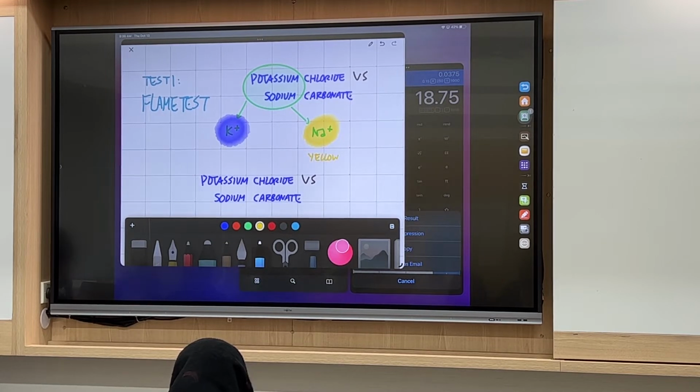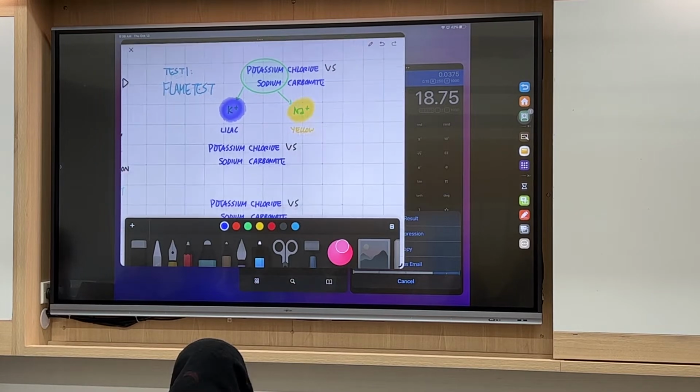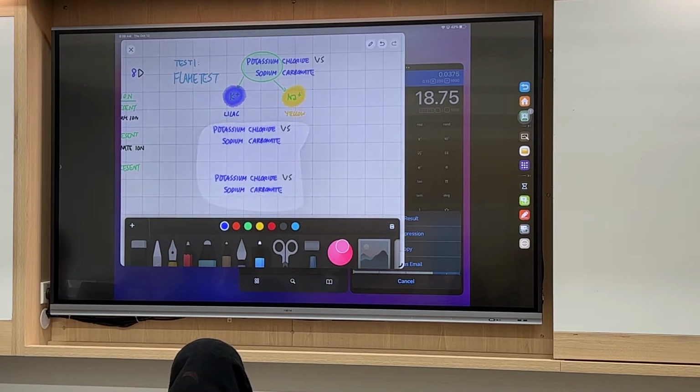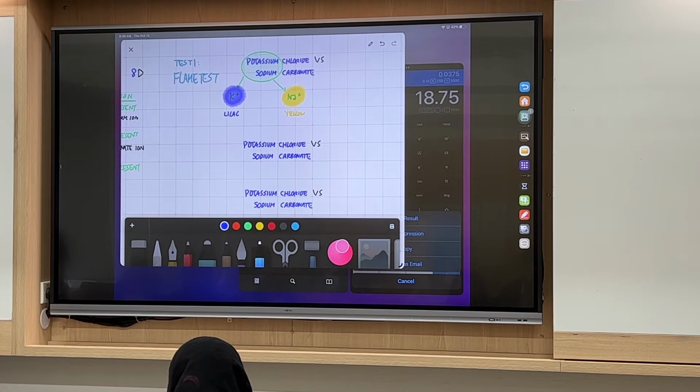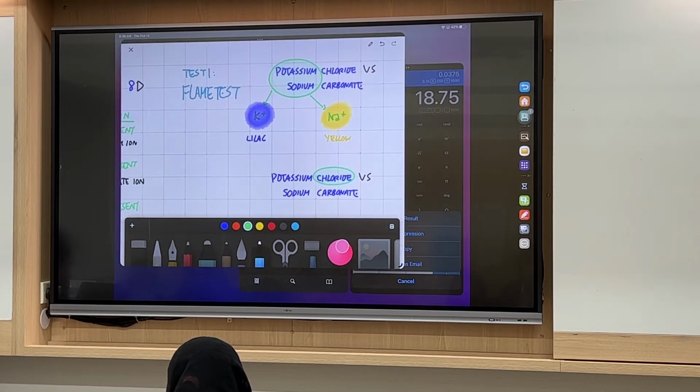What other tests can we do when we look at other parts of the compound? For example, we can look at the chloride ion. Potassium chloride has chloride in it, but sodium carbonate does not. What test would be in the lab that can test for chloride? Acidified silver nitrate.